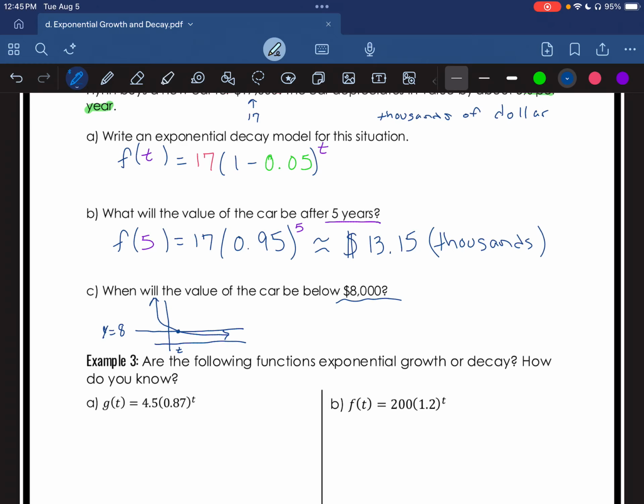So you're going to go ahead and, like we did before, in Y1 you'll put your model. Okay, that's an X. I started writing a T and then remembered I need to write X. And in Y2, you're going to put 8. So on TI, there's some extra steps.